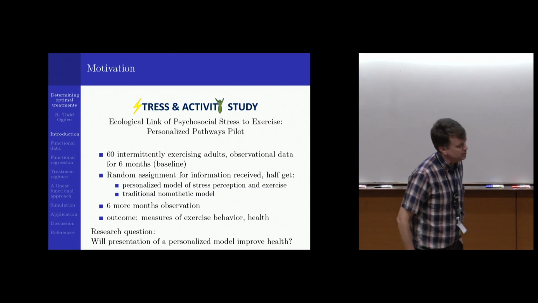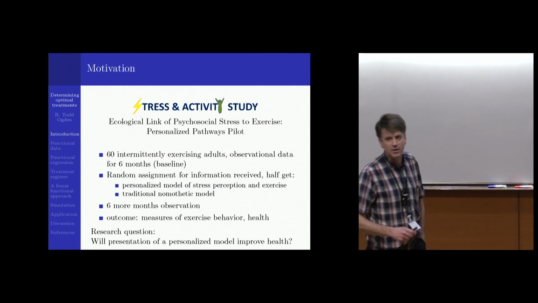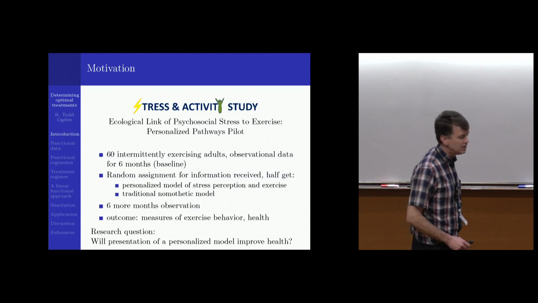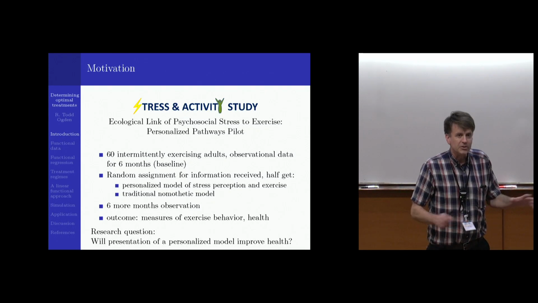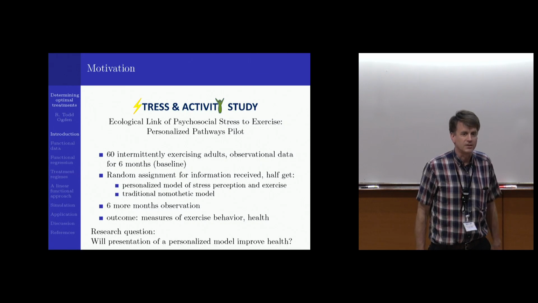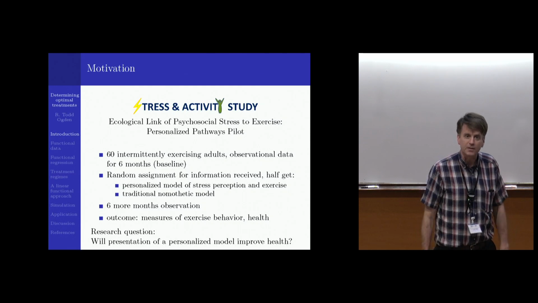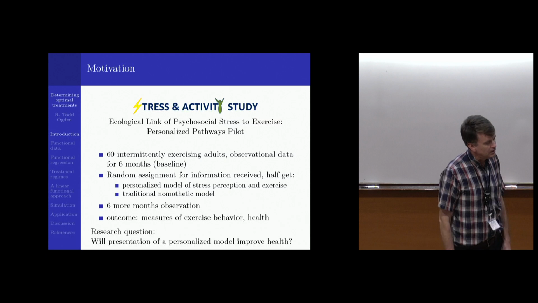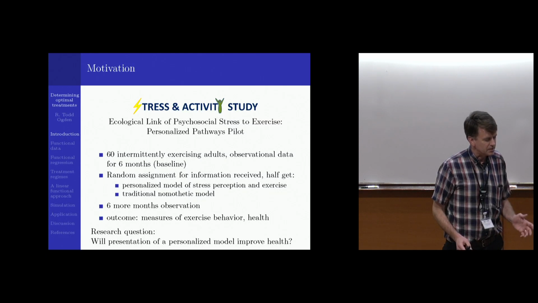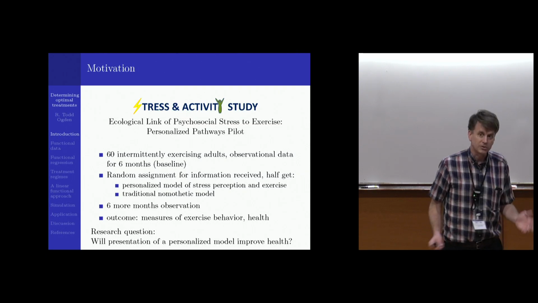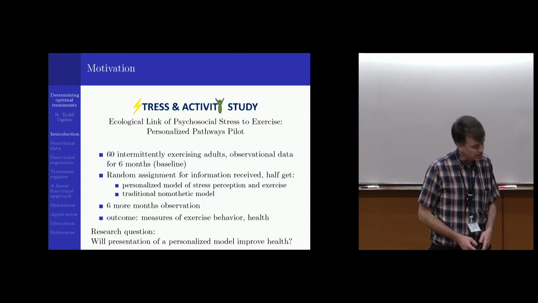There are many aspects of this, and I'm just going to focus on one small aspect of it. The experiment is: measure people's movement for a long time with something like a Fitbit on their arm. After you've done that, randomize the people. Half get a personalized model of stress perception and exercise.